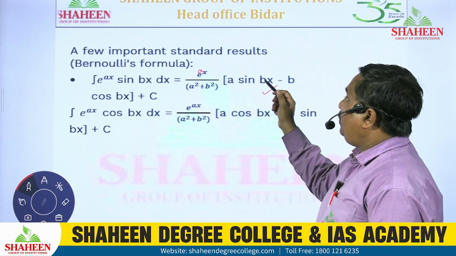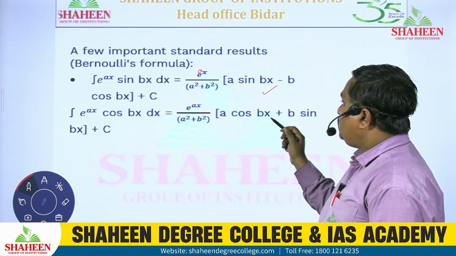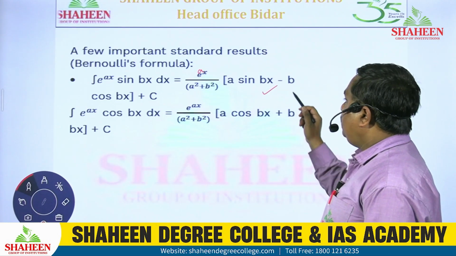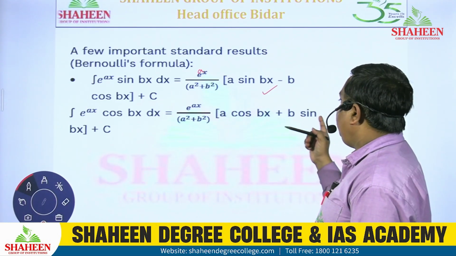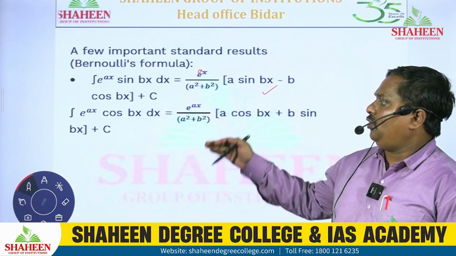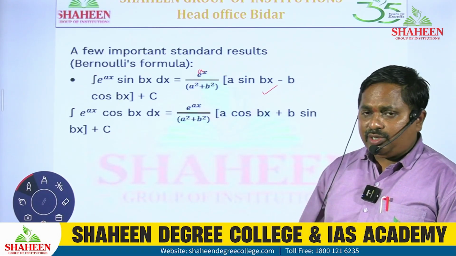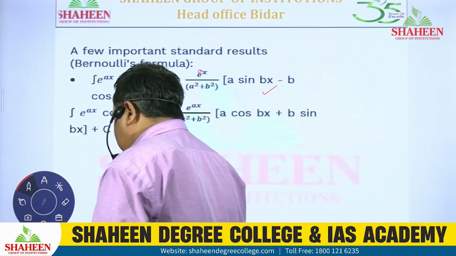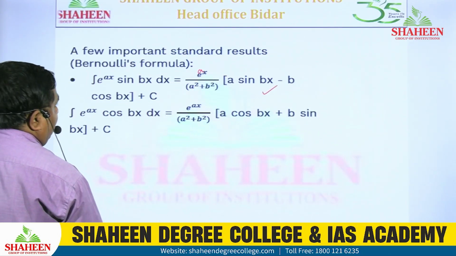Previously a sin bx minus b cos bx, here a cos bx plus b sin bx. So there is a little bit of difference in the two formulas. Using these two formulas we can integrate any question like this.